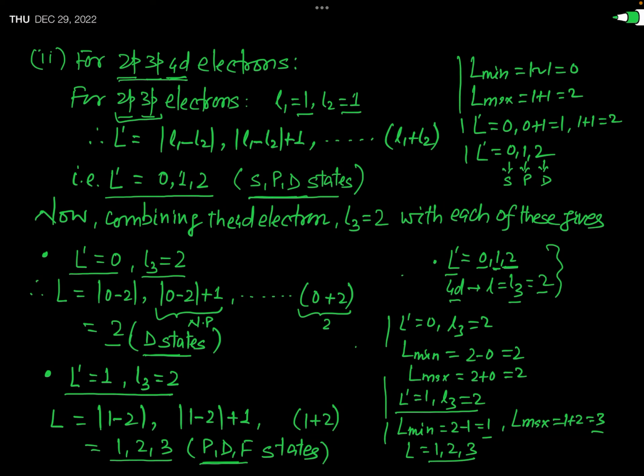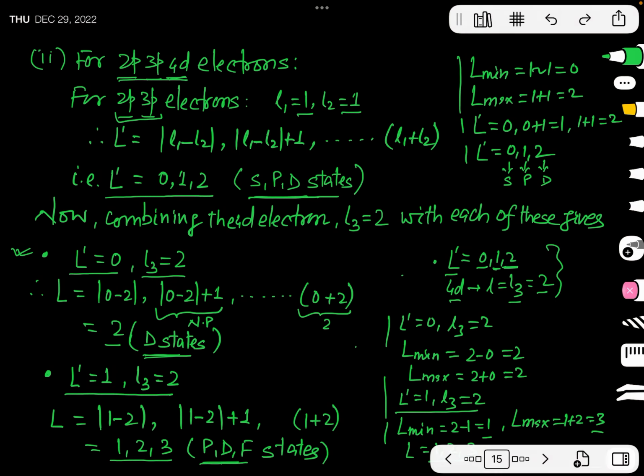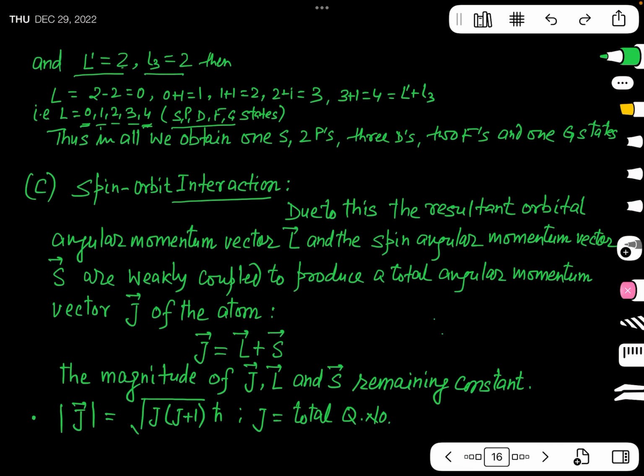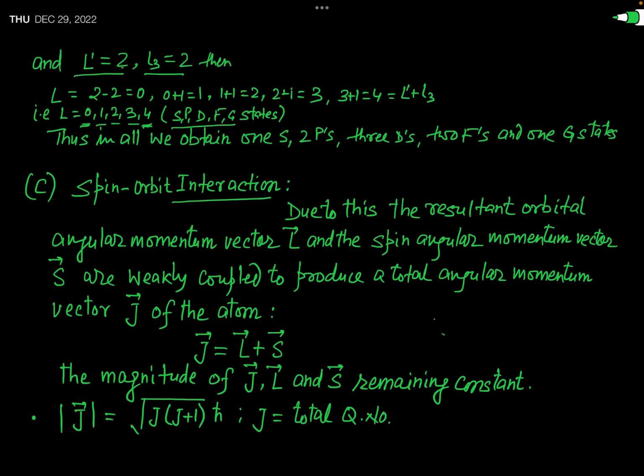Actually this is not right, this is the combination of only 2. Here we get the values for the resultant angular momentum capital L after adding the angular momenta of the 3 electrons. So count here the D state, and again lastly here the D state.